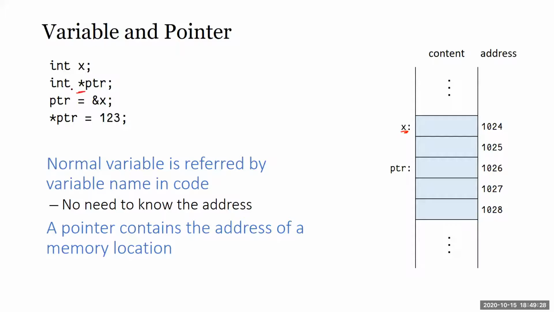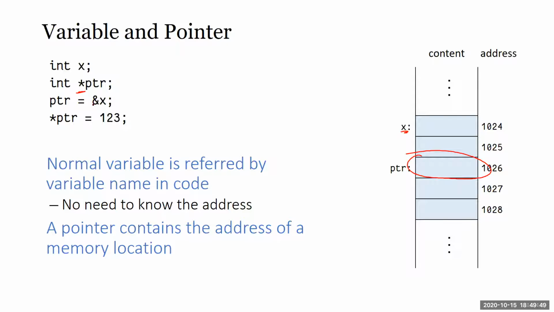So how about a pointer? A pointer is also some segment of memory. For example here, a pointer also needs to contain data. But like we said before, the value of a pointer is actually an address.